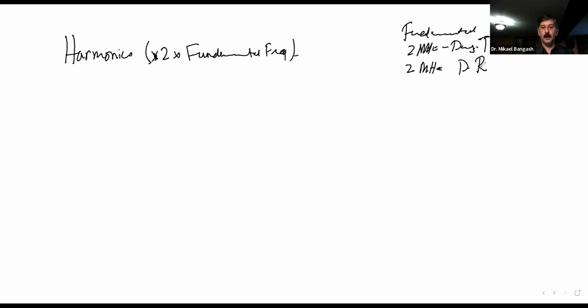That's what we get from a fundamental image, or regular image.